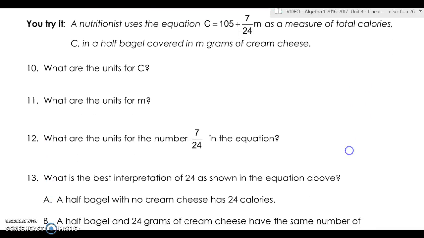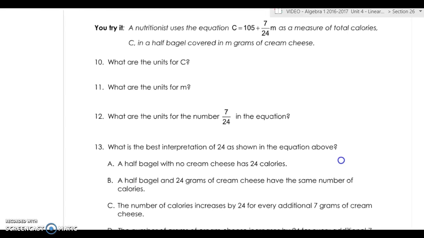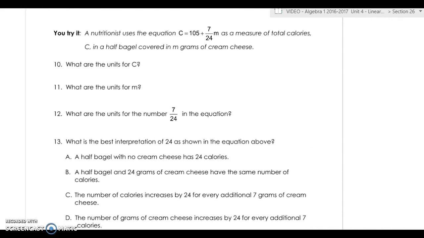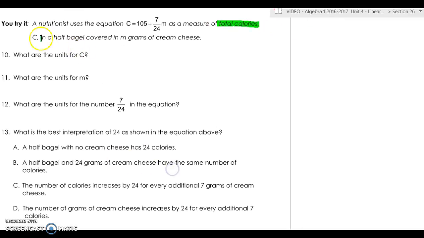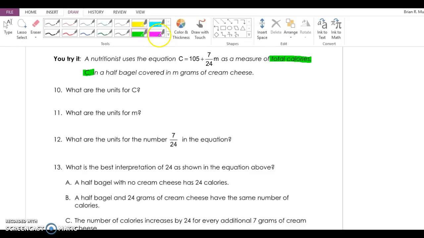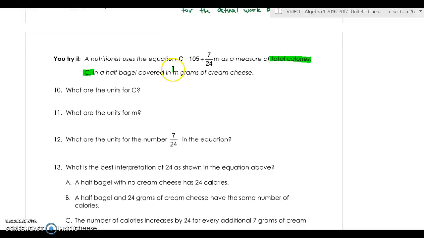So let's look at this chunk of questions right here. This is number 10 through 13, dealing with this equation, C equals 105 plus 7/24 m as a measure of total calories, C, in a half bagel covered in m grams of cream cheese. Sounds delicious.